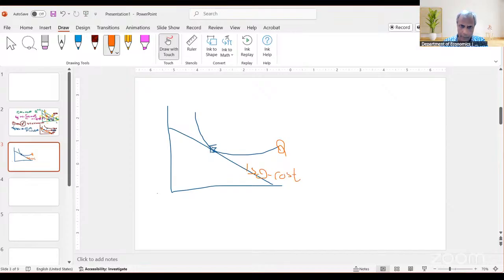What is the slope of the isocost curve? The input price ratio. What is the slope of the isoquant curve? MRTS.